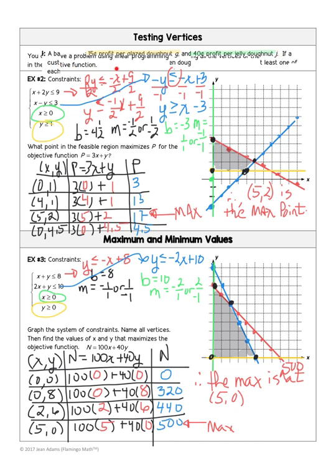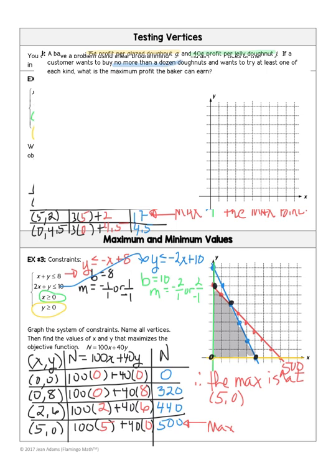If a customer wants to buy no more than, that sounds like a constraint. It's keeping us from doing everything we want to. So if a customer wants to buy no more than a dozen donuts, so let's highlight that constraint. And wants to try at least one of each kind, so there's another constraint.